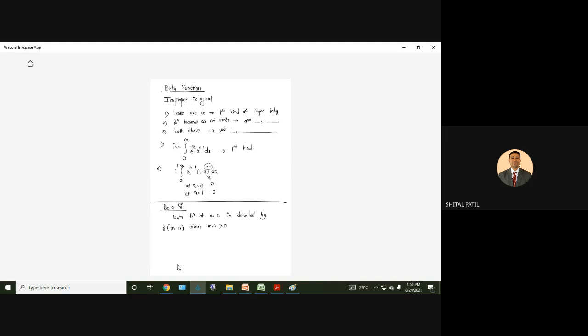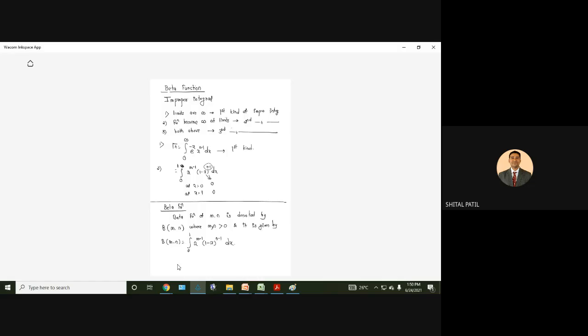M comma n is not multiplication. M comma n is greater than 0. And it is given by the integral of x raised to m minus 1, 1 minus x raised to n minus 1 dx.